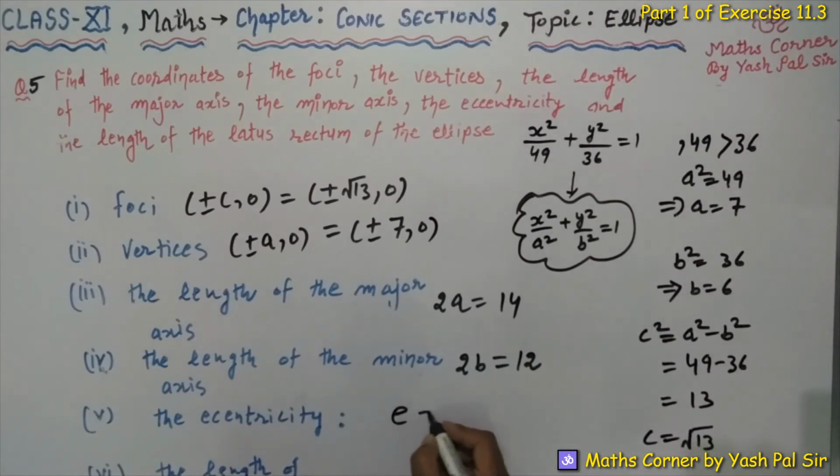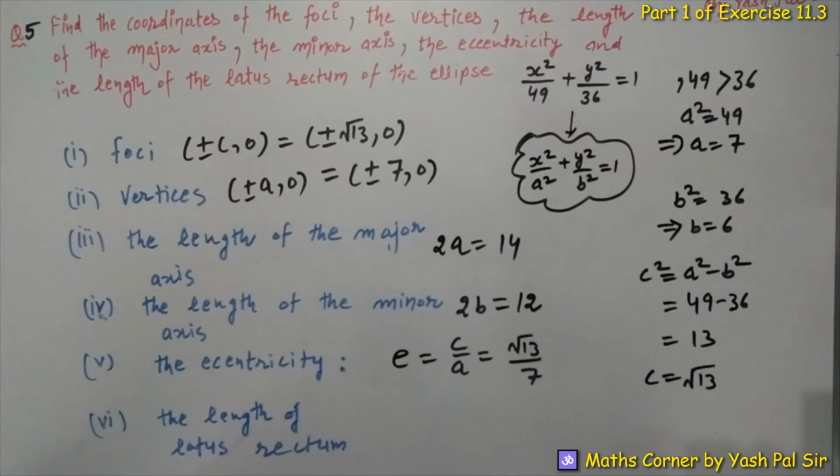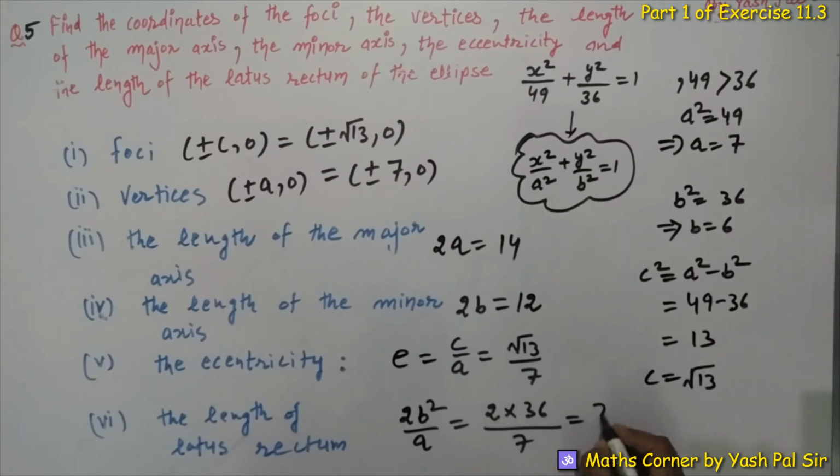Eccentricity e is equal to c upon a, which is square root 13 divided by 7. And last one is the length of latus rectum, 2b square upon a, equal to 2 into 36 divided by 7, which is equal to 72 upon 7. Now next question.